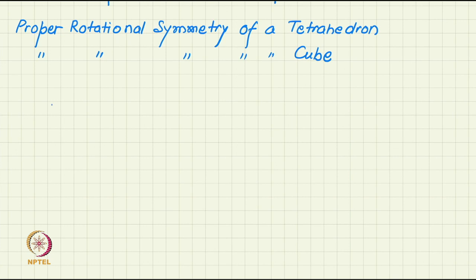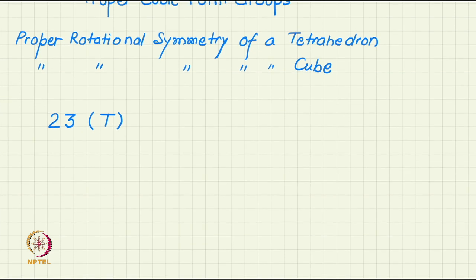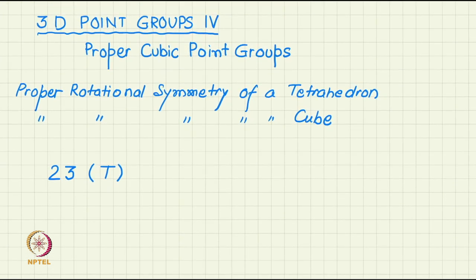The rotational symmetry of tetrahedron, the Hermann-Mauguin notation is 2, 3. The Schoenflies notation is probably better, it just represents T for tetrahedron. In the Hermann-Mauguin notation one has to be a little careful. Just notice that in the last part of this series of videos, we had discussed a group called 3, 2, which in the Schoenflies notation is D3.